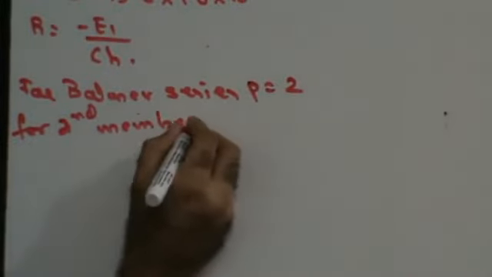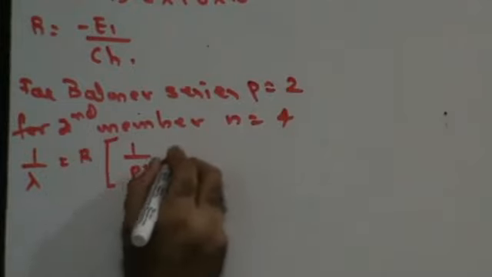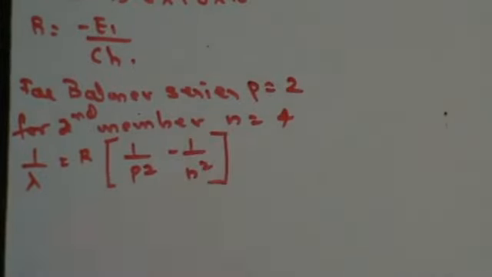If p is 2, for the first member n would be 3, and for the second member n will be 4. So 1 upon lambda is R times 1 upon p square minus 1 upon n square. From here you can get the value of the wavelength.